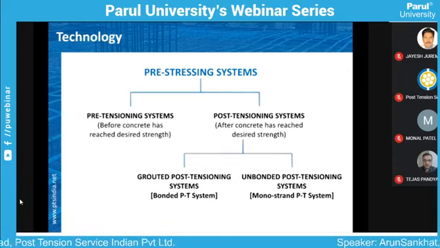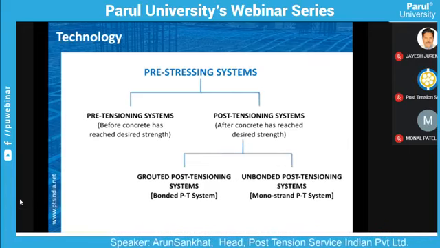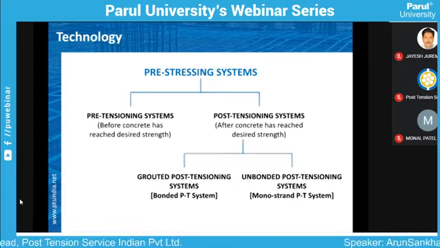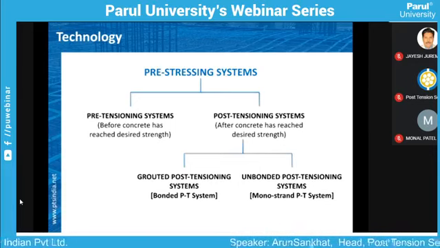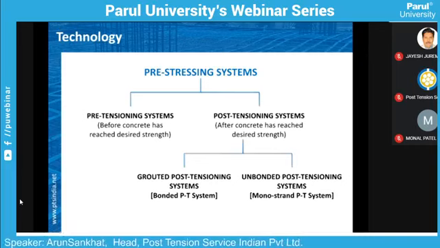In post-tensioning, there are two subclasses. One is known as grouted post-tensioning systems, or bonded PT system, and the other is known as unbonded PT system. In India, the bonded or grouted PT system has been there since long, and the unbonded PT system evolved from the bonded PT system in the USA in the 1950s and 1960s, and since then it has been successfully used in the USA and across the world.